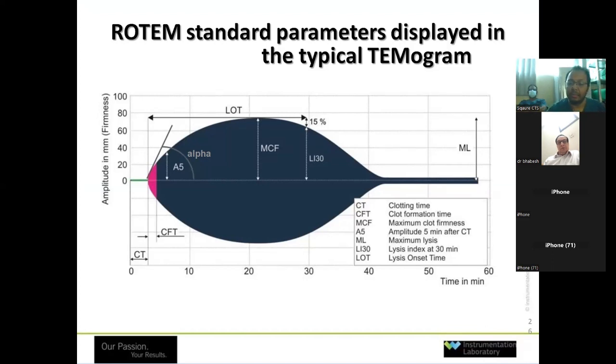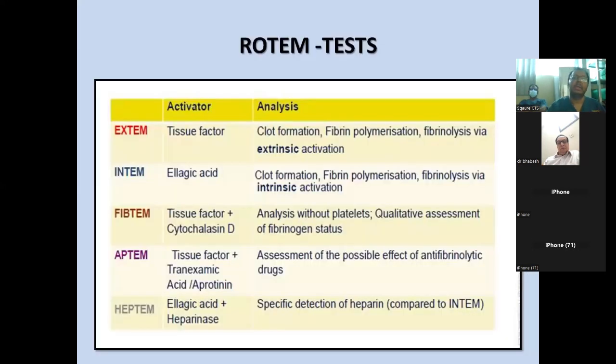So this is the graphical presentation, and there are certain tests of the ROTEM like XTEM, INTEM, FIBTEM, APTEM, and HEPTEM.